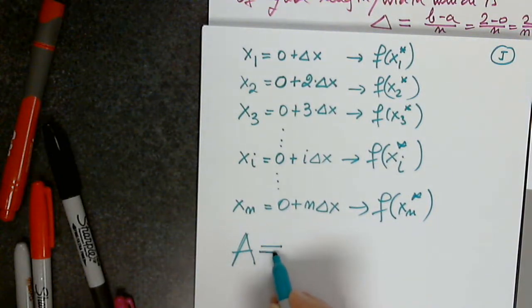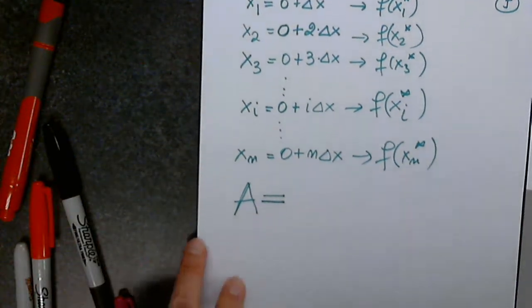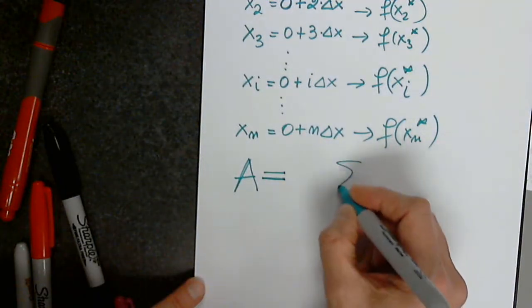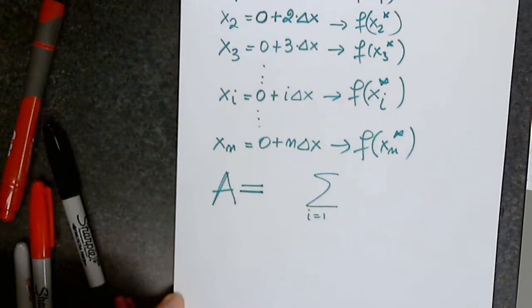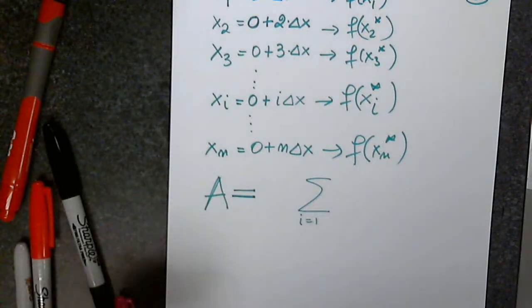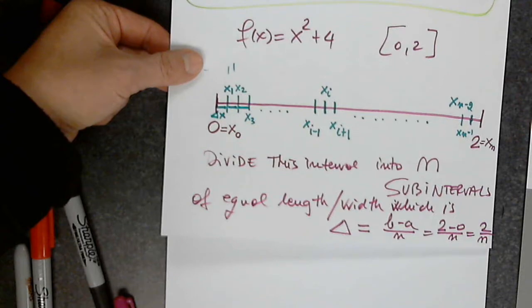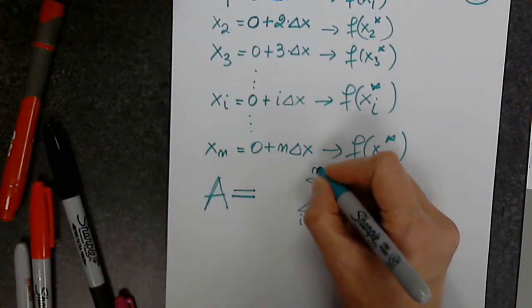I'm going to put the equal symbol. And of course, I'm going to sum from i equals 1. How many subintervals do I have? How many? Okay, let's go back. How many subintervals we have? Good. From i equals 1 through n.